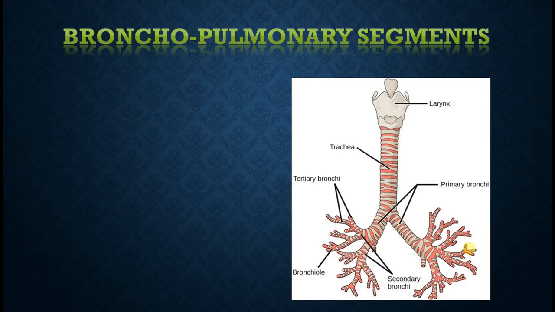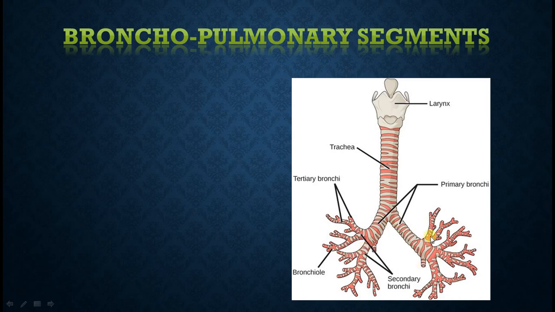Now we will pass on to the bronchopulmonary segments. So what actually are bronchopulmonary segments? You all see, this is the trachea. The trachea divides into the principal or primary bronchus, which again divides into the secondary bronchus, also called the lobar bronchus.